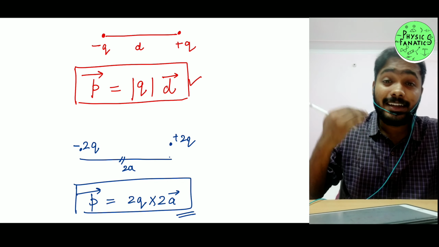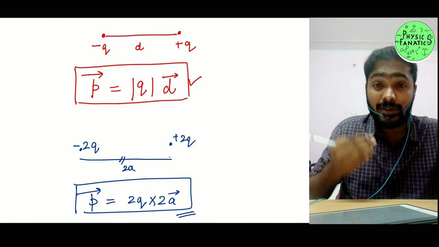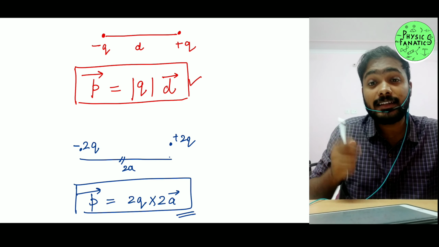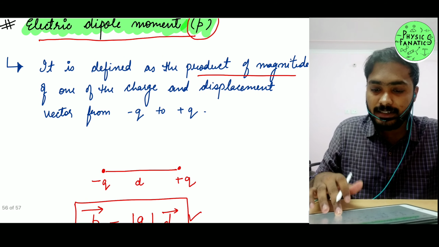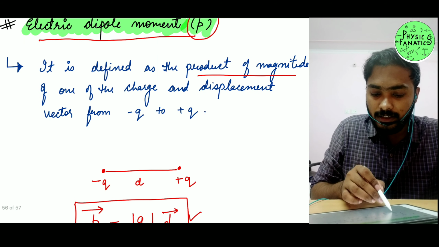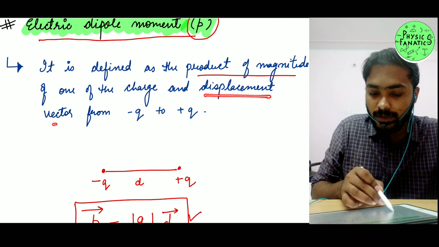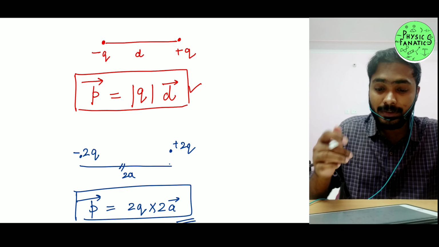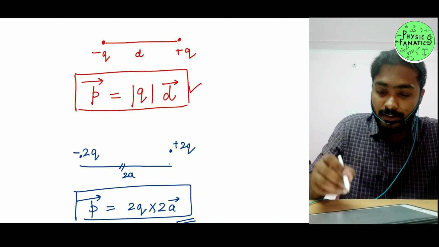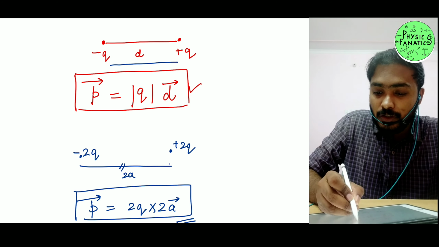Like I said, dipole moment is a vector quantity, so it must have a direction. The direction is already given in the definition: displacement vector from minus q to plus q. The electric dipole moment will always have direction from minus q to plus q.